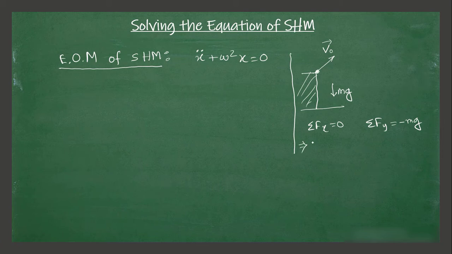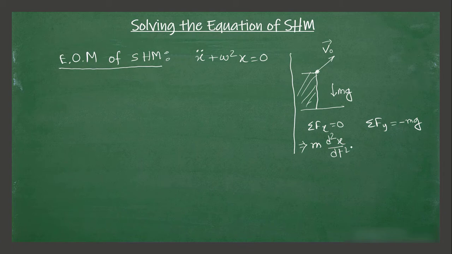So if we expand it, well, we can write force as mass m times acceleration, so m times acceleration in the x direction, which we can write as d squared x over dt squared, okay?